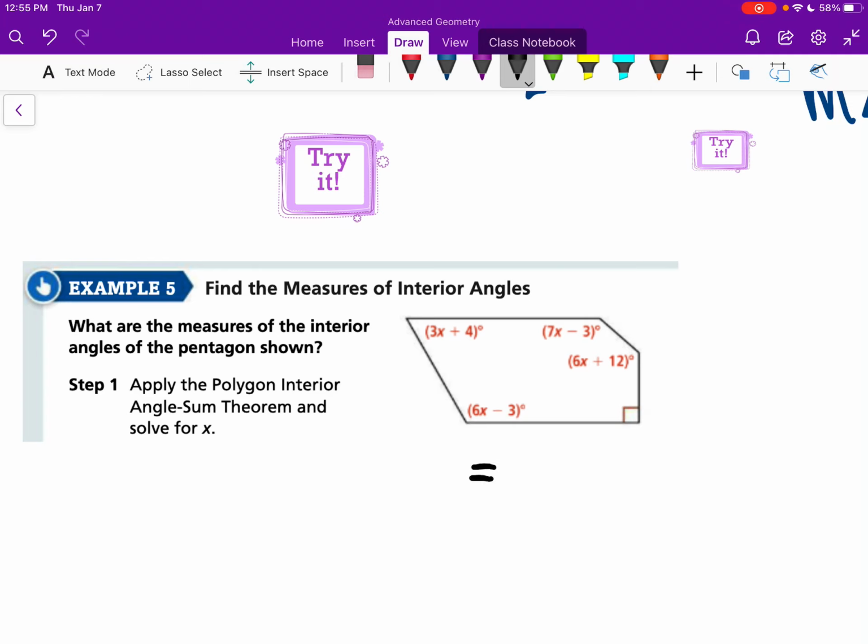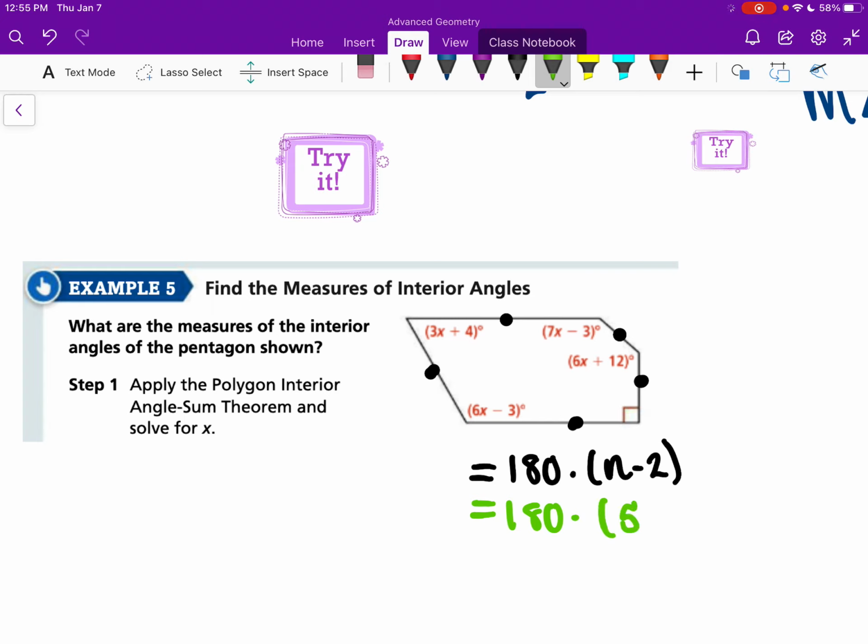We add up to equal 180 times n minus 2, where n is the number of sides. So let's first figure out what is our value of n. We have 1, 2, 3, 4, 5. Great. So we're going to equal 180 times 5 minus 2.